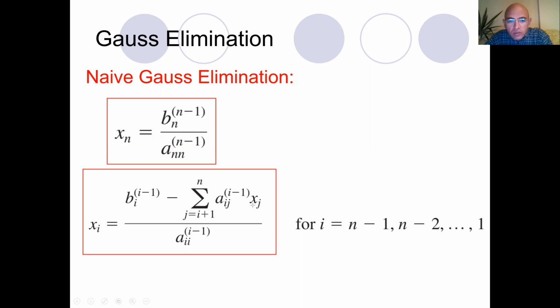So from here you subtract it from the bi, and then you divide it with the aii in the previous iteration, and you do it from n minus 1 to 1, as we said. So this is the back substitution step, basically.